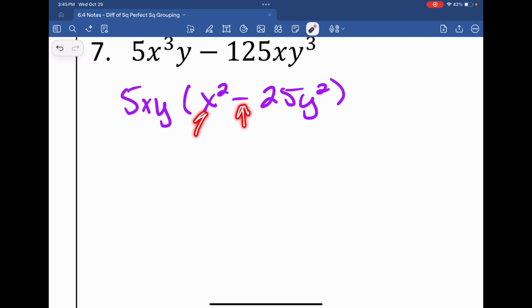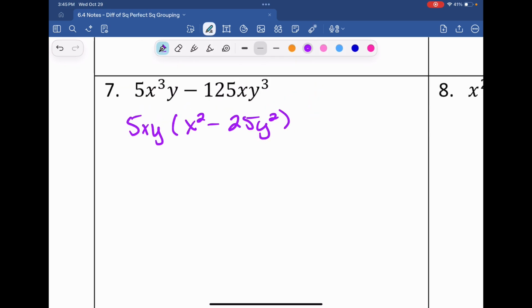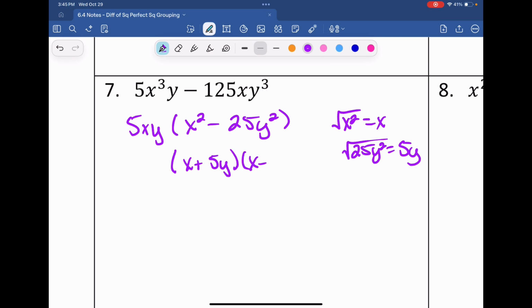X squared, even exponent, 25y squared. So square root of x squared is x, 25y squared, 5y. Add, subtract, and bring down your 5xy.